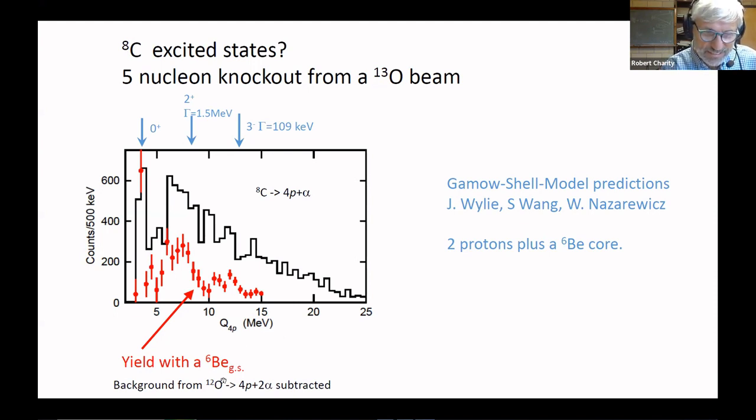So we can take these detected events and try to determine what the spectrum of the events where we miss one alpha looks like. We've subtracted those. And you see there's a nice ground state peak, which we saw before. And now on some broad background, there seems to be some broad state here.